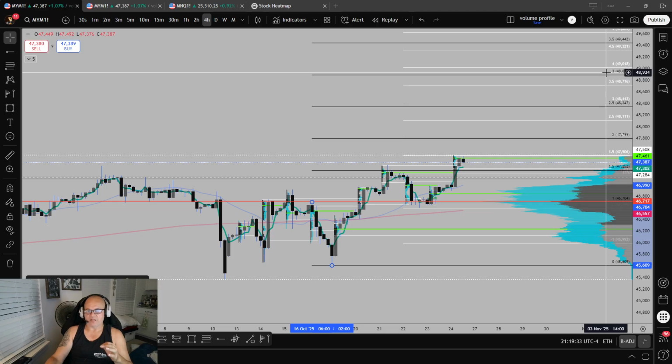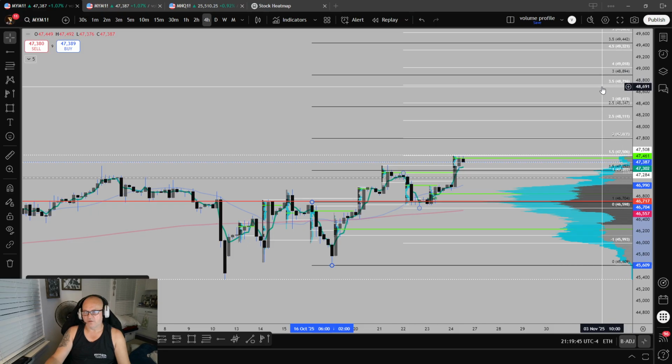So if 3 and 4 are matching up pretty close, that's 894 to 49,018, about a little over 100 point difference. Which isn't much in the day of the YM, which in good volatility can move 500 to 600 points a day. So that's pretty good confluence.